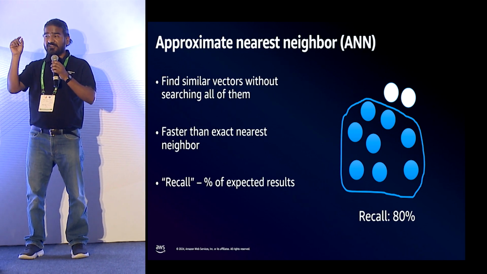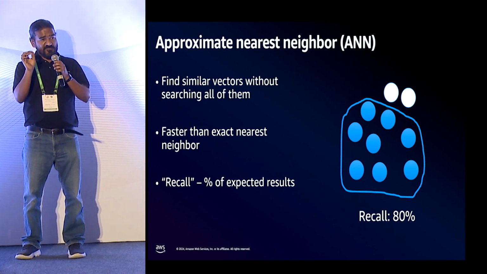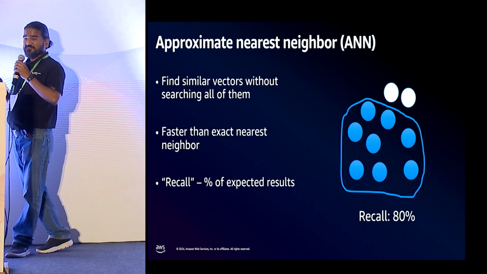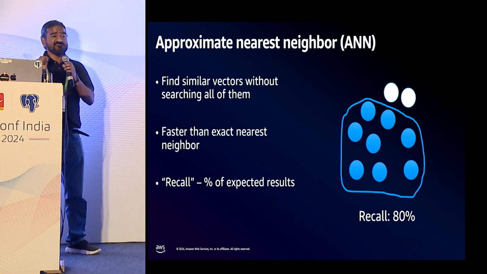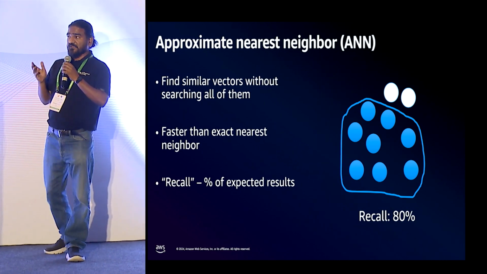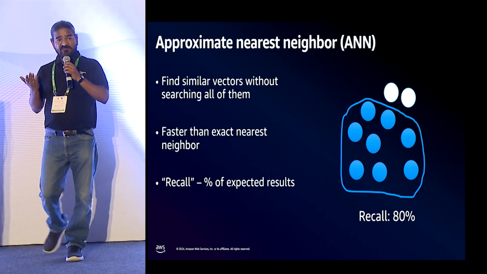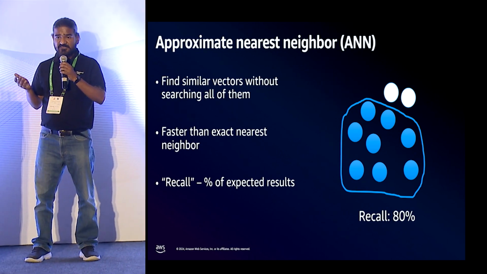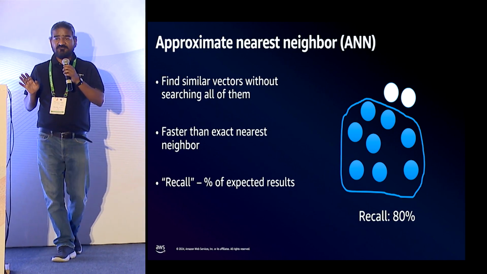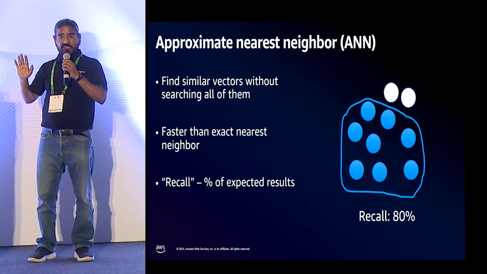It gives us a new term: recall percentage. Let's see what the recall percentage is here. Recall percentage is relevancy. It's about how accurate my data could be. For example, suppose in my database I store 10 similar vectors, and I run a query and it returns only 8 vectors. There are 10 out there, but I got 8.